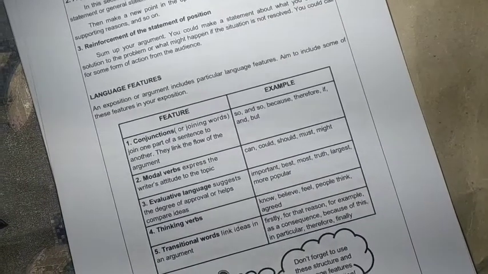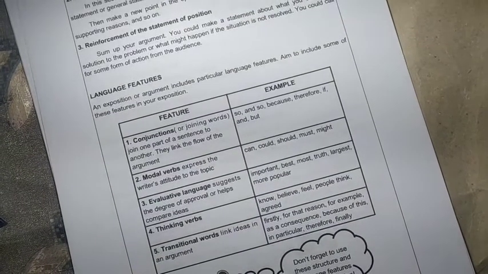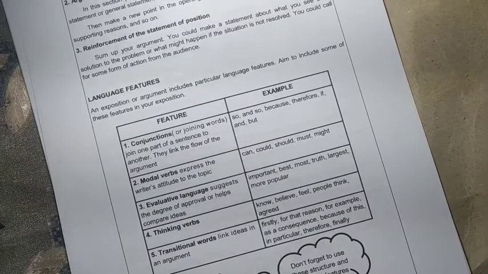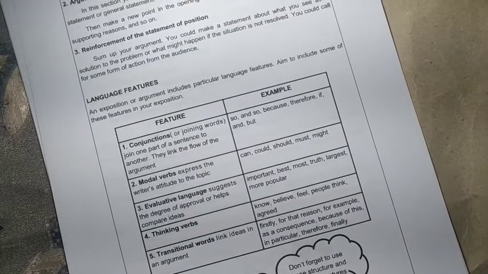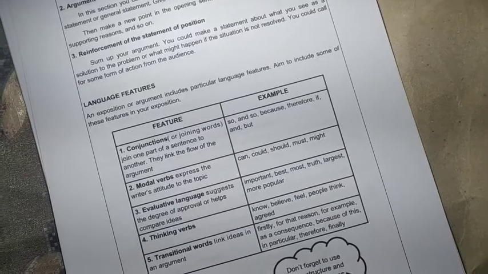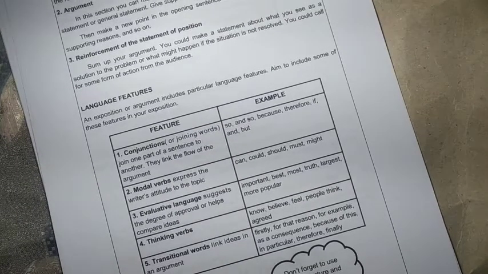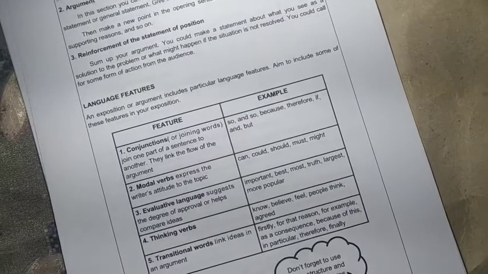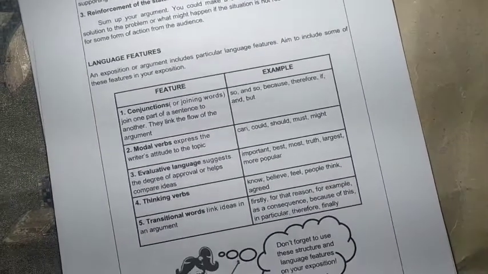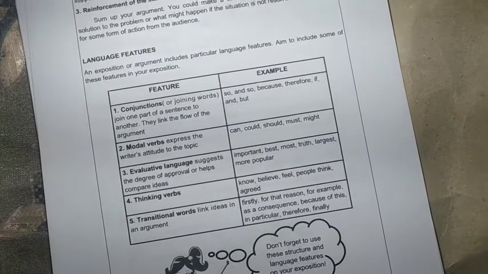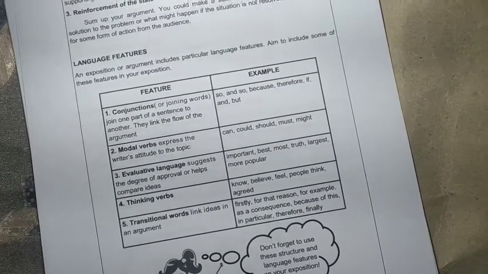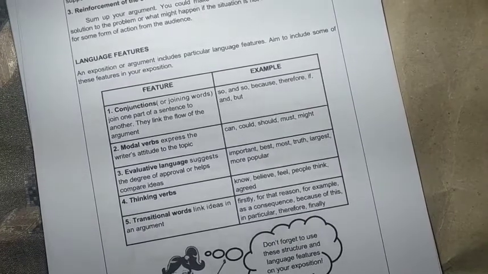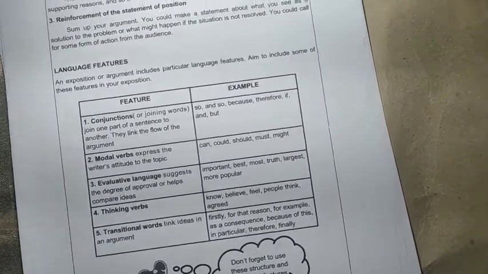Sometimes if you did not use it properly and effectively, it will just be a vague part, a misunderstanding, or a difficult thing that your reader might not understand well. So you should know the proper uses, proper purposes of each transitional word. So don't forget to use this structure and language features in your exposition.